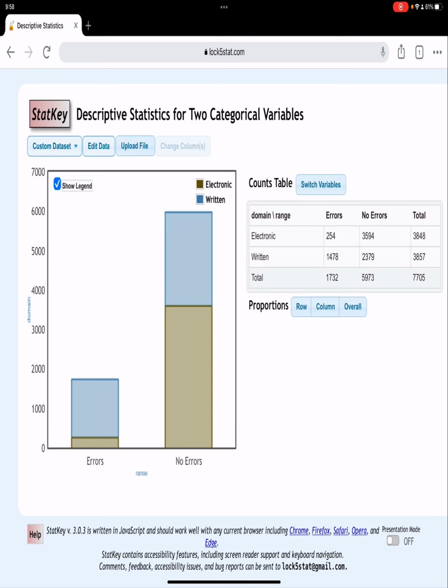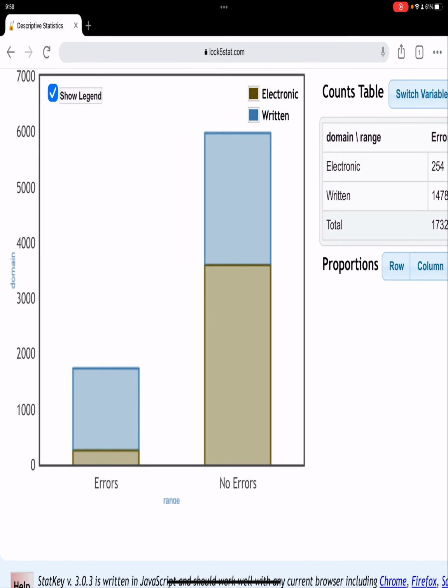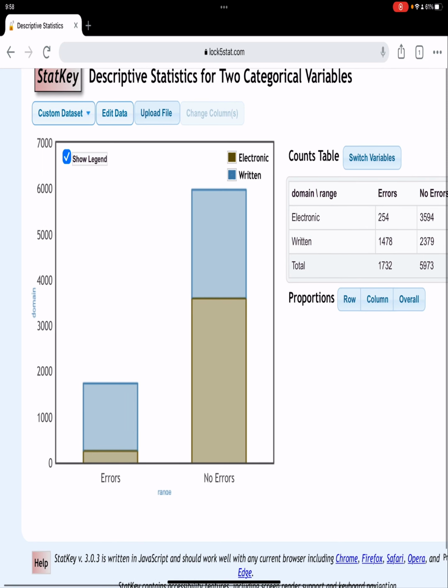And again, notice that when you look at the bar for errors, how the written errors dominate that particular bar, but that when you look at the bars for no errors, that the electronic prescriptions dominate that particular bar.